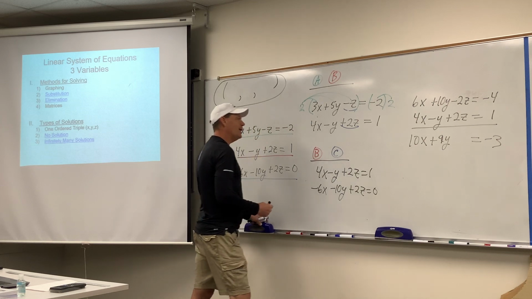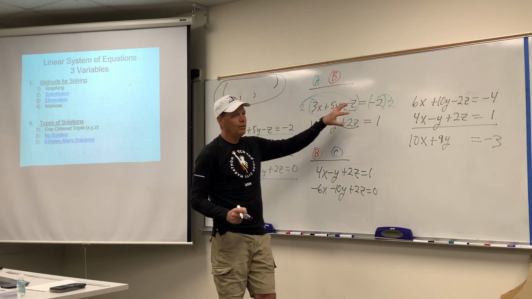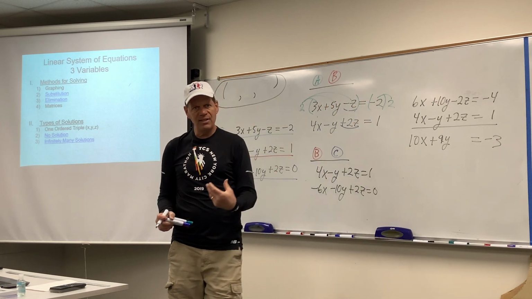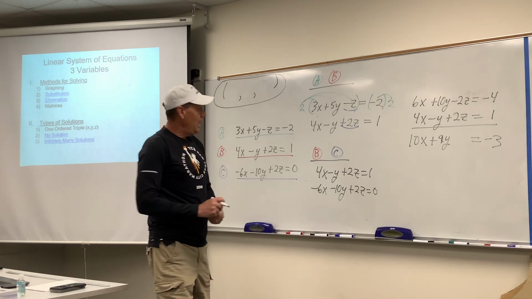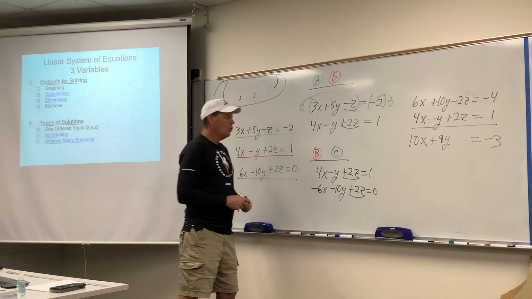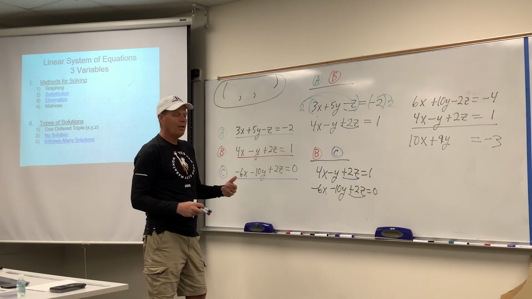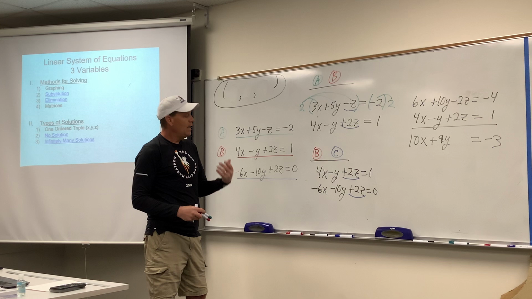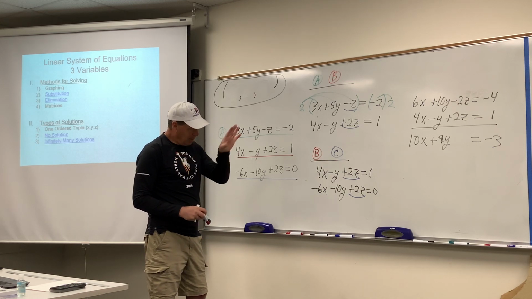I would again tell you, in general, whatever variable you got rid of from the top pair, get rid of that same variable from the bottom pair. So we'll get rid of z again. It doesn't matter. You would hopefully note that all we need to do is multiply one of them by -1, and they'll have opposite signs, and goodbye z.